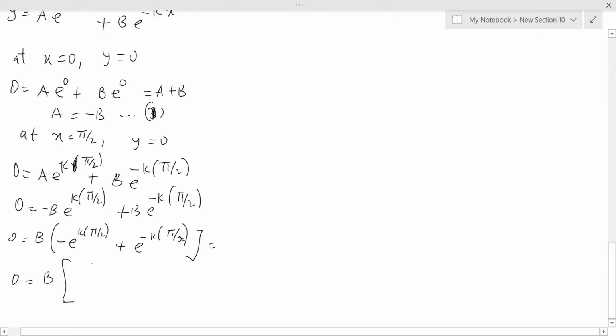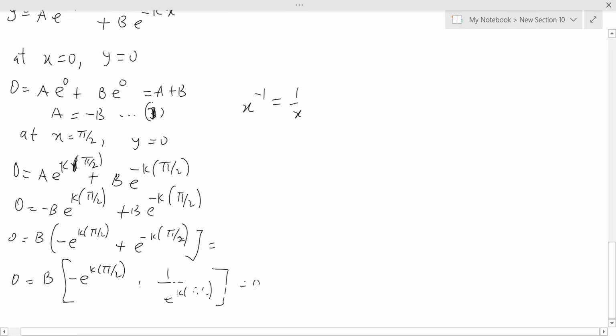Okay, what can we do here? This can also be written as 1 over exponential k pi over 2, because of this minus, according to the law of indices. Then the LCM is exponential k pi over 2.